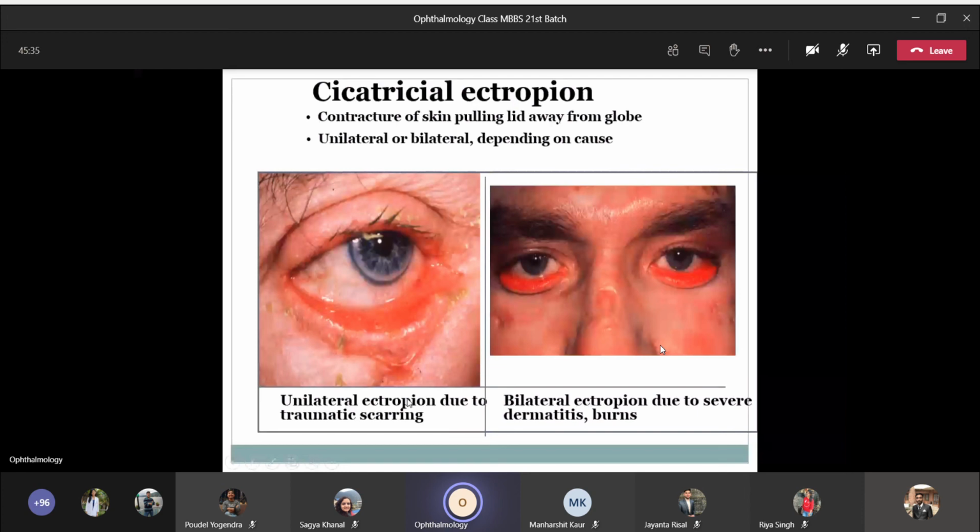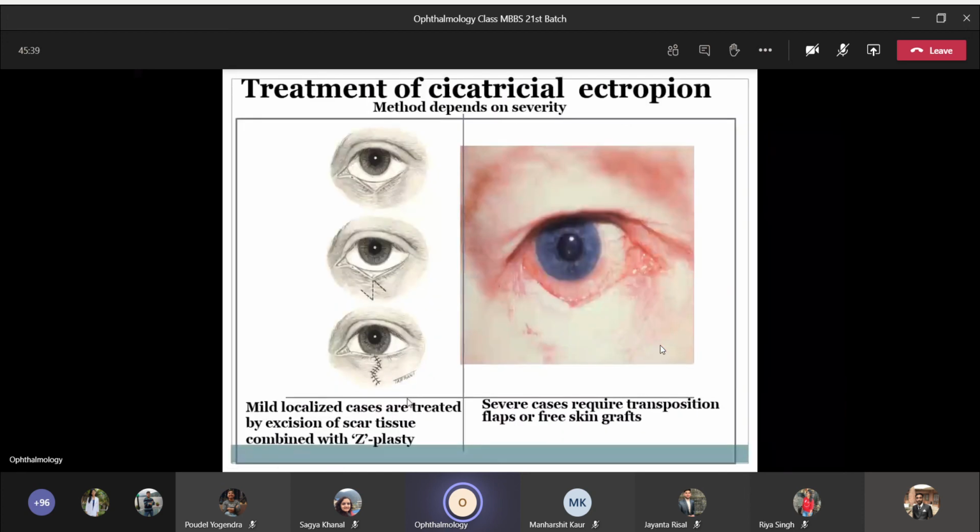So treatment depends upon the severity of the ectropion. In case of mild localized case, they are treated by excision of scar tissue combined with Z-plasty. And in case of severe cases, it requires transposition flap or free skin graft.